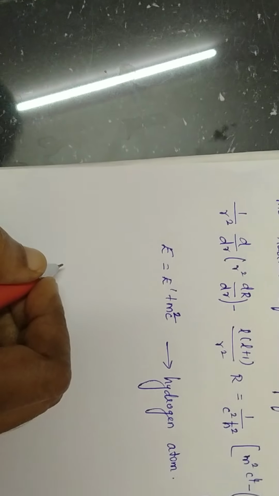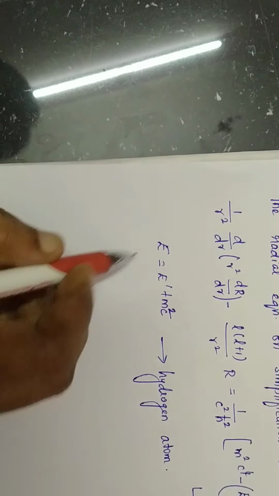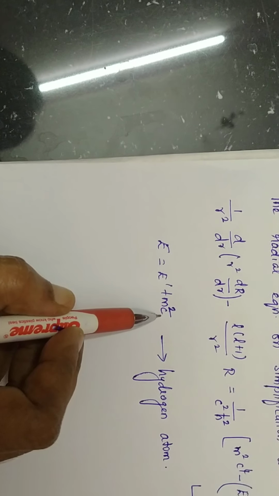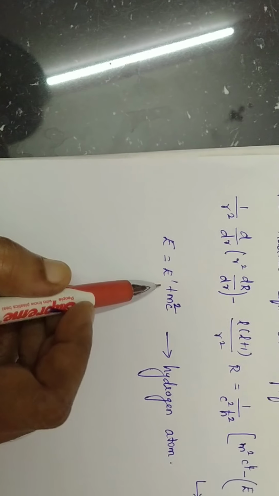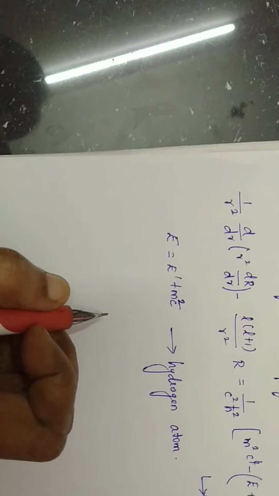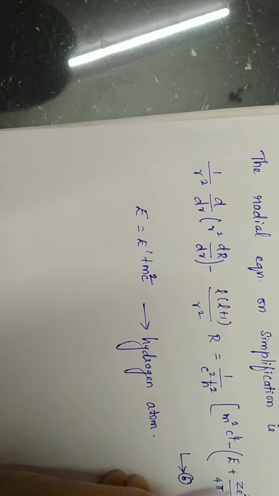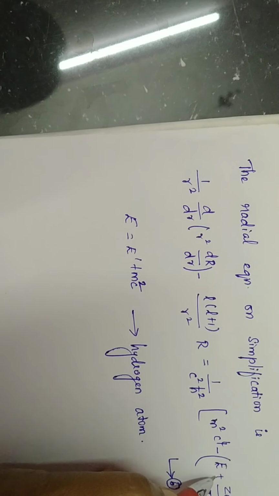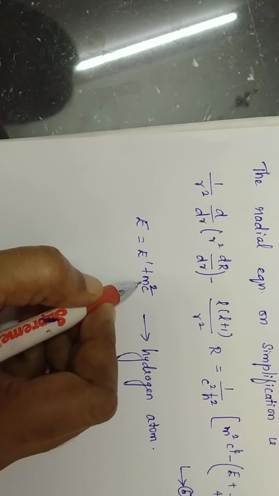Okay. So if you take this system, if you compare mc square with the other terms, E dash and the potential, that is z e square by 4 pi epsilon naught r, this term in particular, then if we bring E dash plus mc square here, mc square is a larger value.